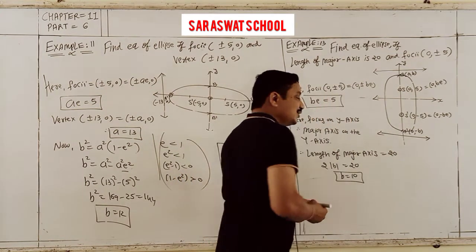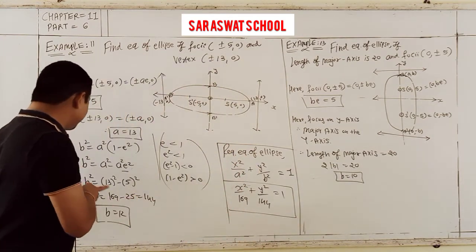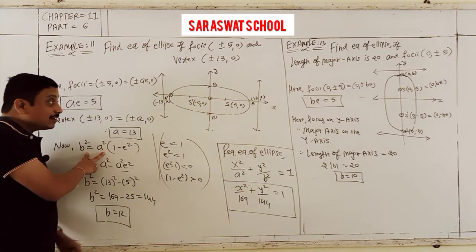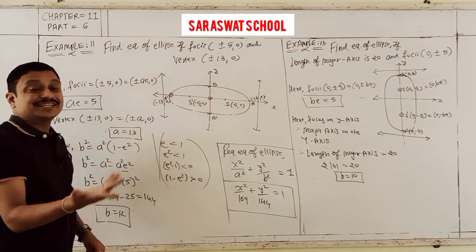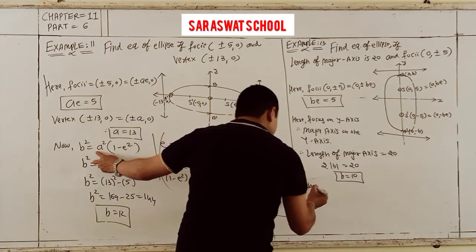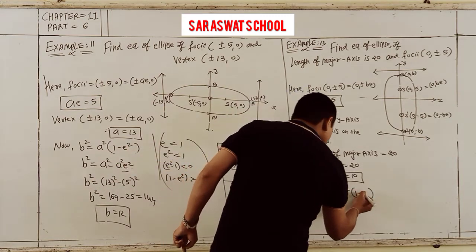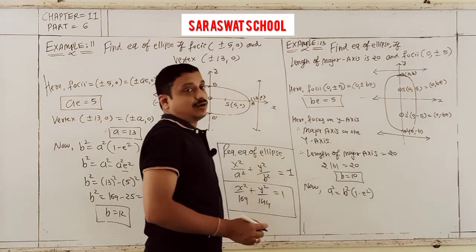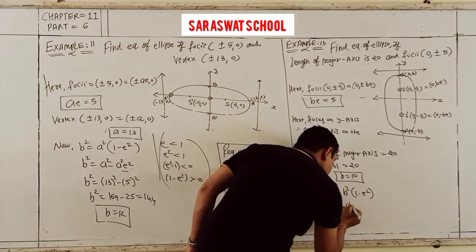Now use the third formula. In that case the third formula was used because the major axis was the x-axis. Now the major axis is on the y-axis, so only this formula changes: a square equals b square times (1 minus e square), and the condition is the same.